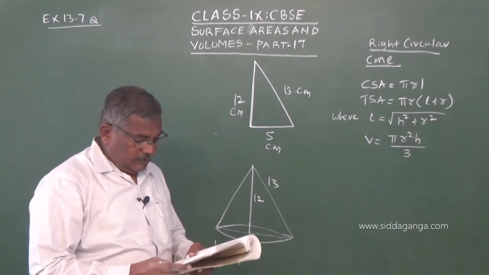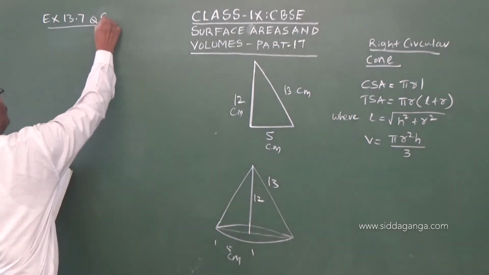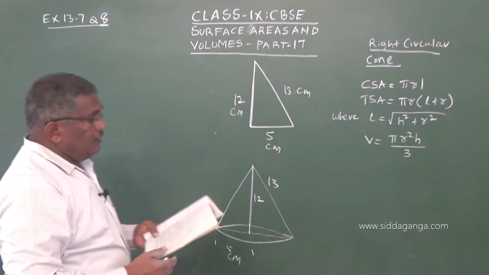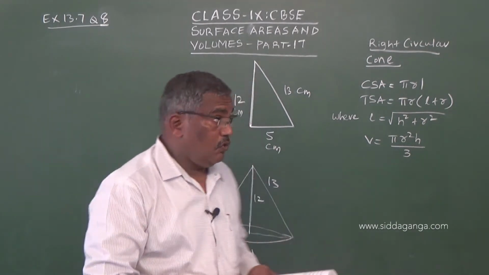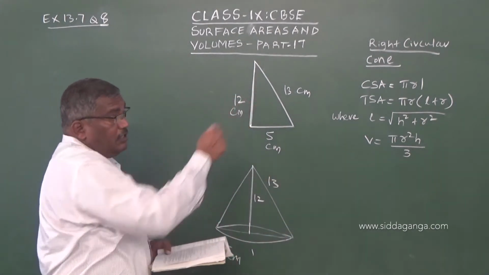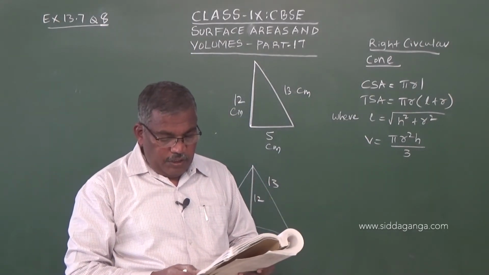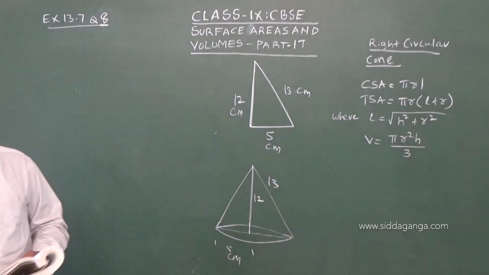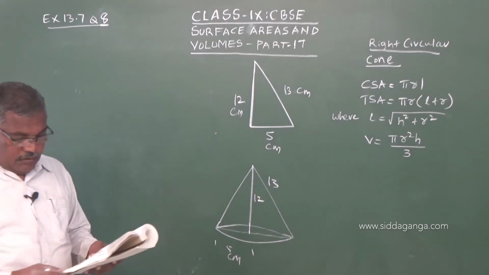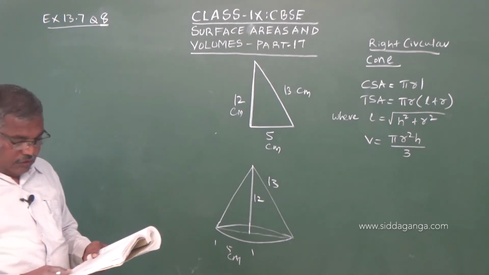If the triangle ABC in question number 7, in this particular triangle, is revolved about the side 12 centimeter, earlier it was revolved about 12 centimeter.